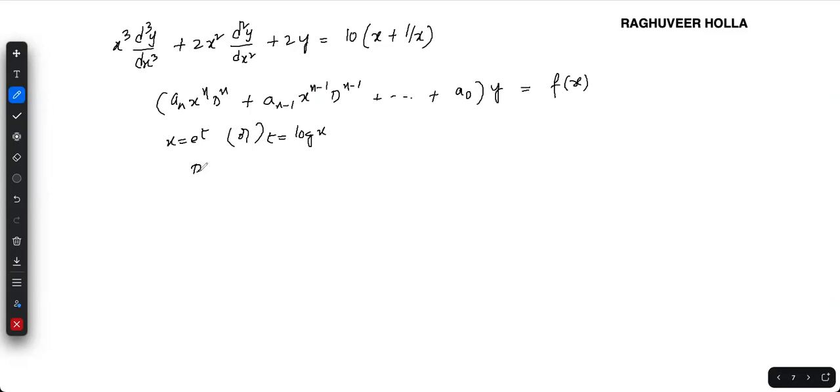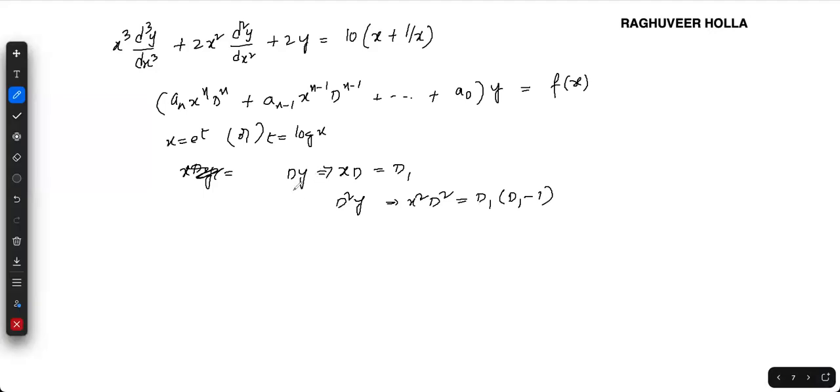We have x dy/dx as D1 y, and x squared d squared y/dx squared as D1 into (D1 minus 1) y. Let us have a look at that also.